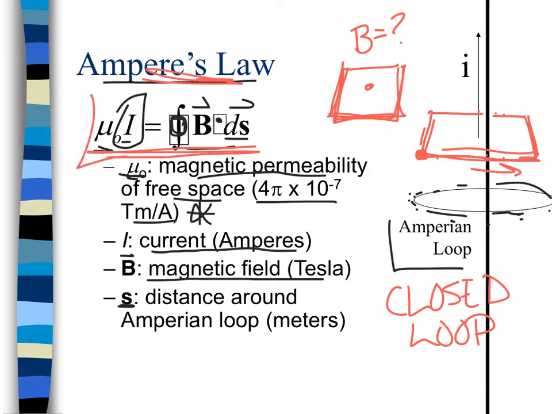So while this equation is true for any loop that I draw, as long as I am dealing with the current enclosed by that loop, some Amperian loops are going to be more helpful than others in using this formulation and this system to find and to solve for magnetic field. Some systems are just more applicable. There are some cases where this formula is very much applicable, and there are cases where we have high symmetry.